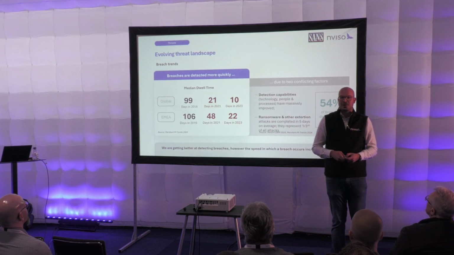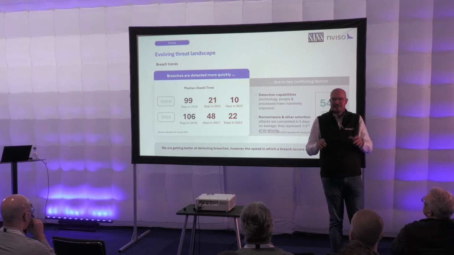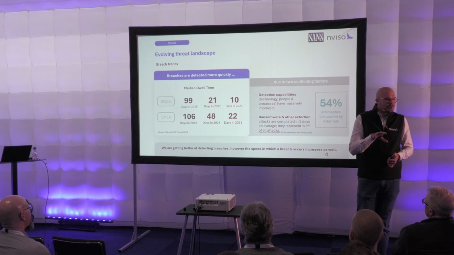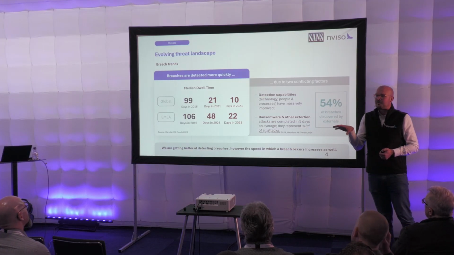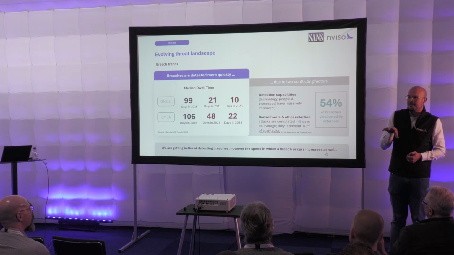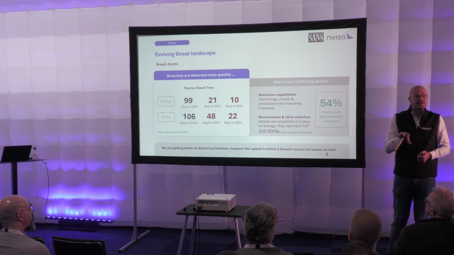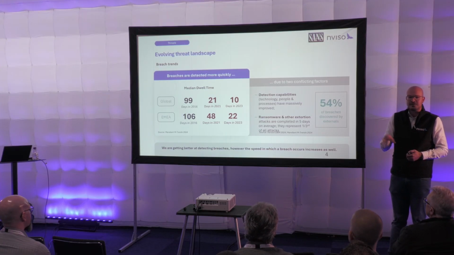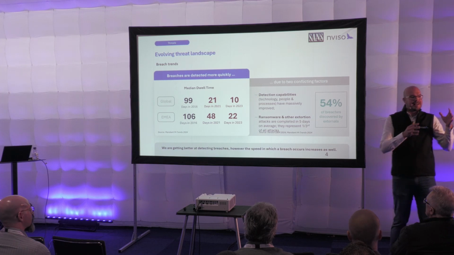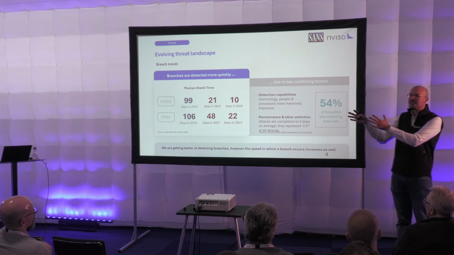Before we go into this, just to give you a quick highlight, the most important element in any type of security operations, and the most important metric that we have there, is the dwell time. Dwell time is basically the time between an adversary compromising us and us detecting them.